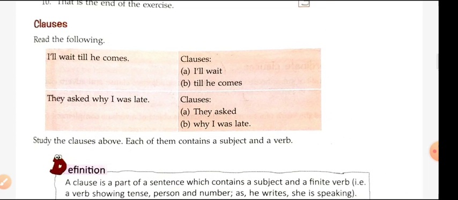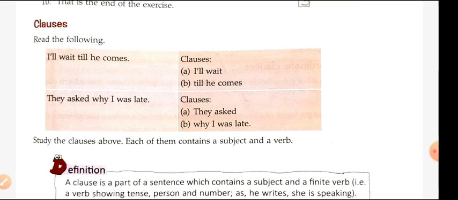In the sentence "I will wait till he comes," we have two clauses, A and B. Clause A says, I will wait. Here, I will wait is the main clause. B, till he comes, is the subordinate clause.